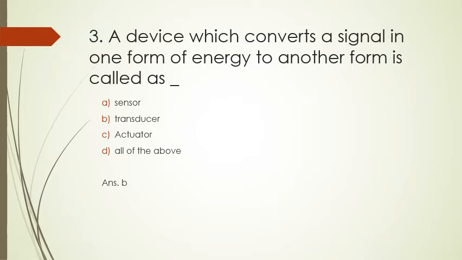You can take examples from daily life, like a fan, where an electric signal gets converted into wind. We know the law of conservation of energy, that energy cannot be created or destroyed, it is just transferred from one form to another, and this is how the transducer works.